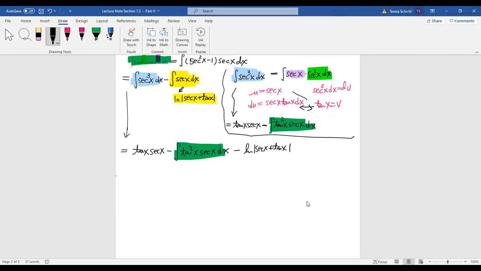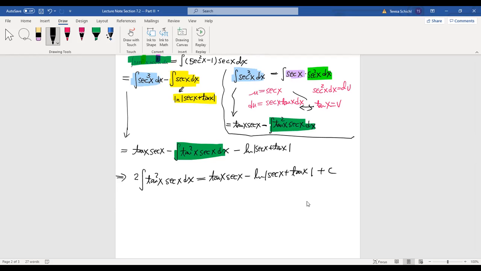So it gives me 2 times the integral of tangent square x secant x dx equal to tangent x secant x minus natural log of secant x plus tangent x, and of course plus c.